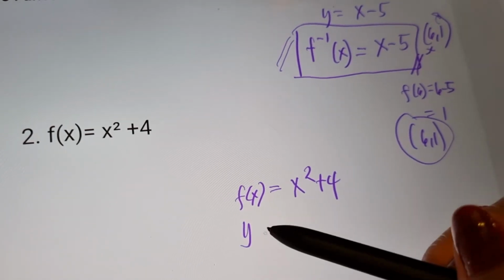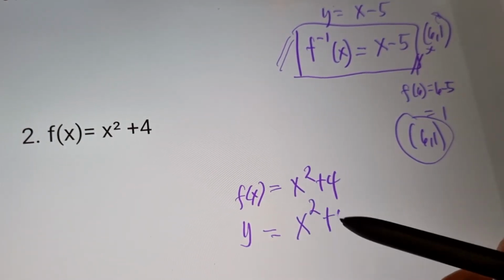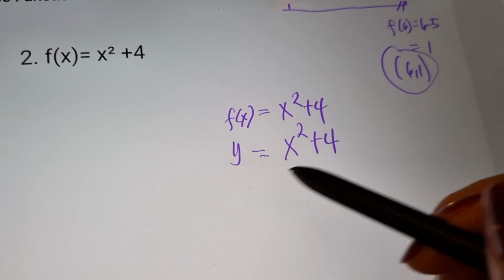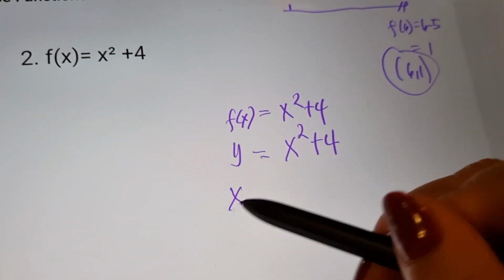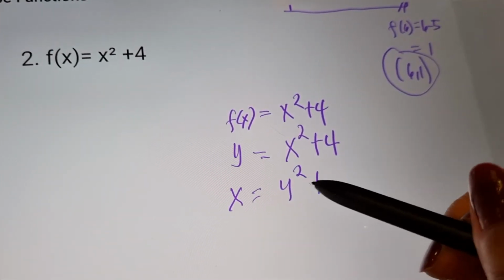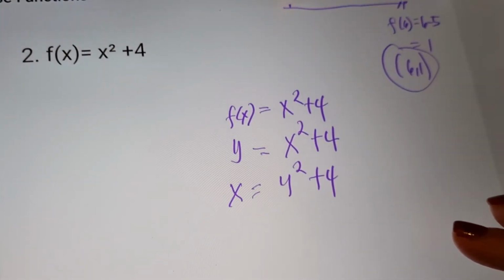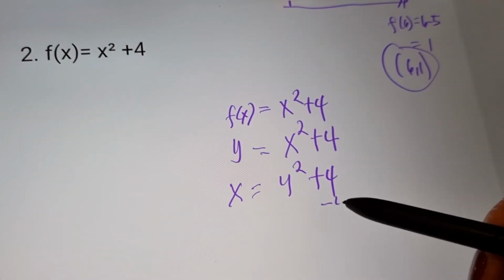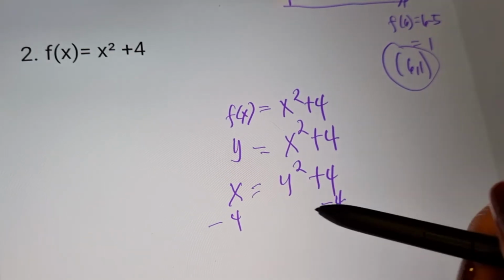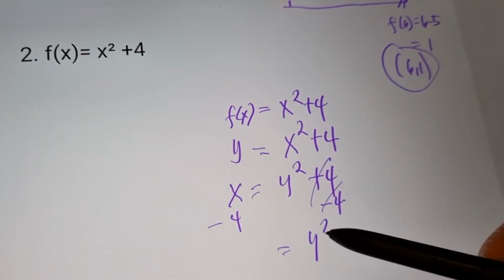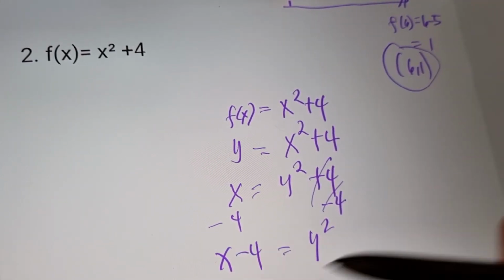Now, change to y, so it becomes y is equal to x squared plus 4. Then interchange, this becomes x and this becomes y squared plus 4. Then solve for y. We need to subtract 4 on both sides of the equation. So we have y squared is equal to x minus 4.